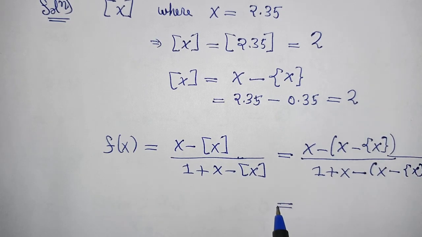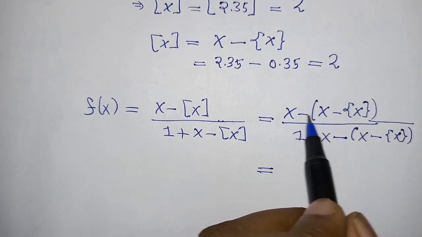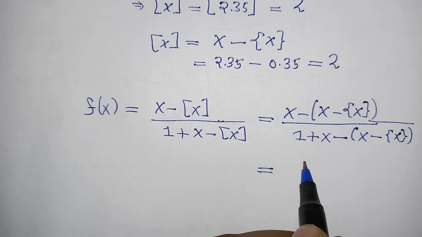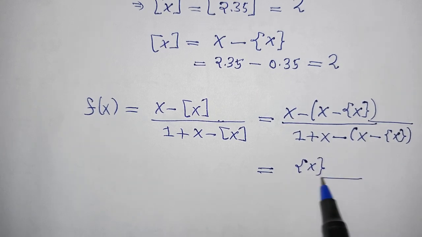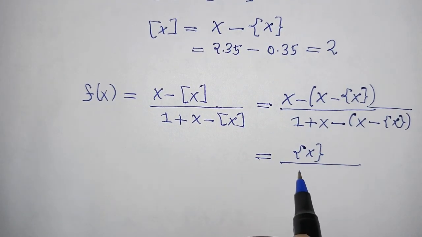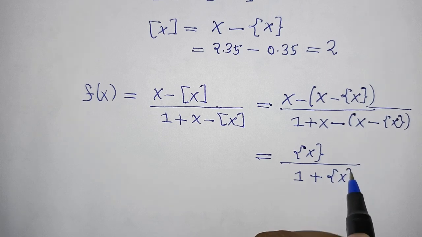On simplification, as you can see, this x and this x will cancel out and negative negative will be positive. So we have the fractional part of x divided by, and here again x will cancel out, so we have 1 plus the fractional part of x.